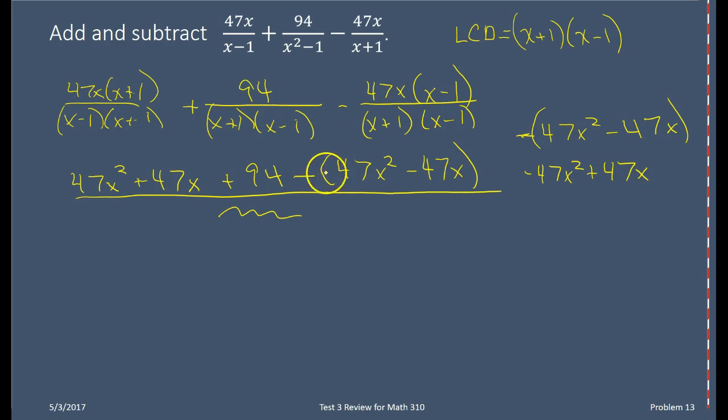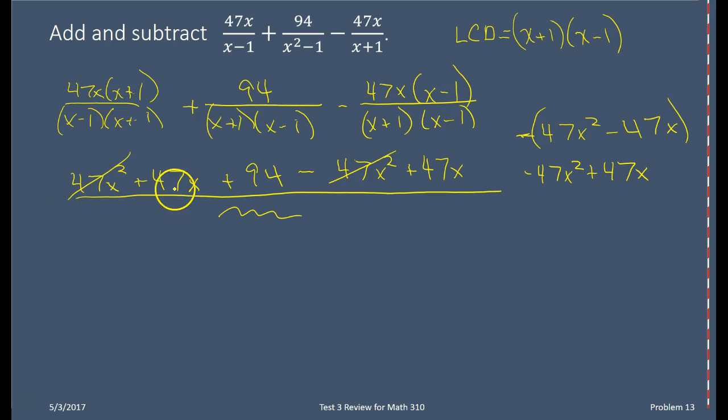So when I rewrite this, I'm going to go ahead and just erase it because I'm running out of room. Gives us minus 47x squared plus 47x. So we have 47x squared minus 47x squared.